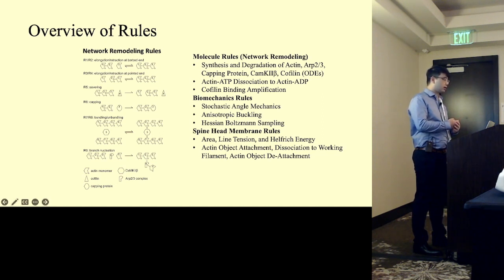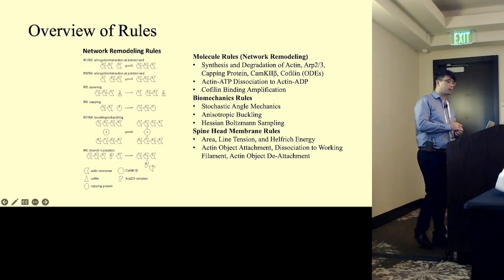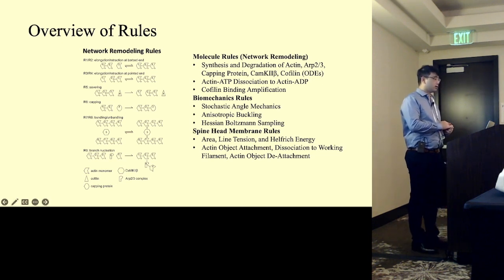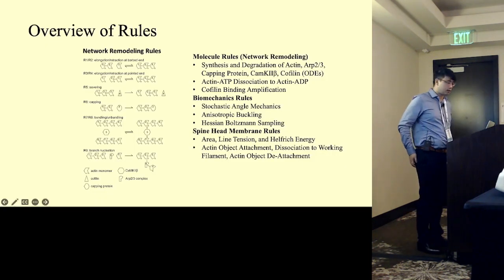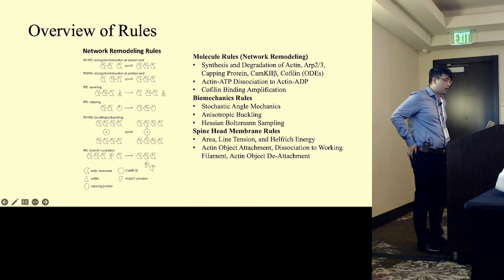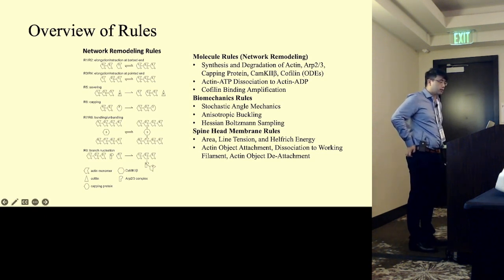Then there's the anisotropic buckling, which also considers the trinodal system like the rest of the biomechanics rules, and this relies on a Lennard-Jones potential. Then there's the Hessian Boltzmann sampling, which is related to thermal noise of the Hessian of the Lennard-Jones potentials, which is related to the second derivative.